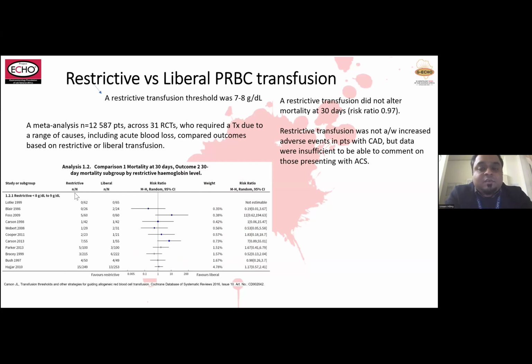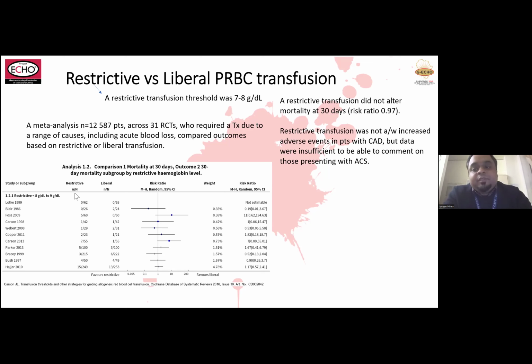So the restrictive transfusion was not associated with bad outcomes, even in patients with coronary artery disease. And they were not able to make a comment on acute coronary syndrome because of lack of data.